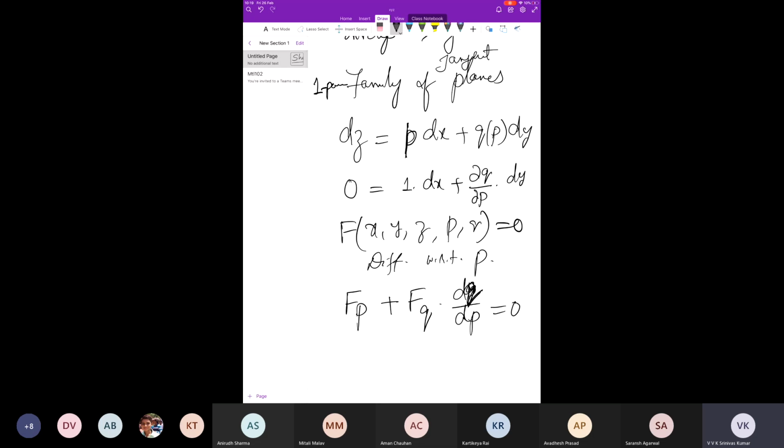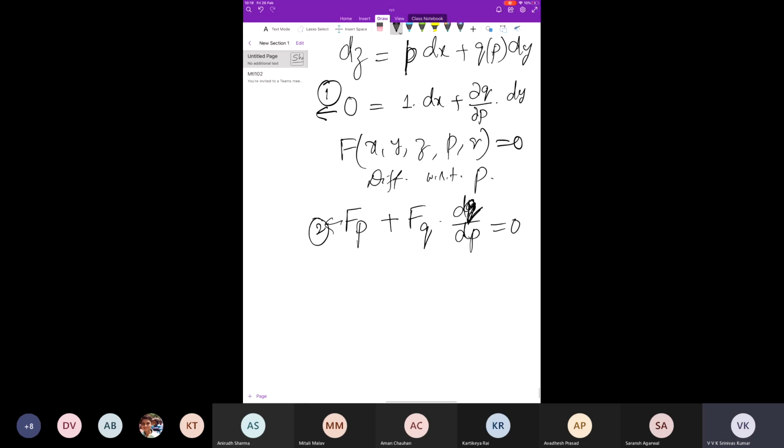Now compare equation 1 and this equation. If you see this, these two are collinear.